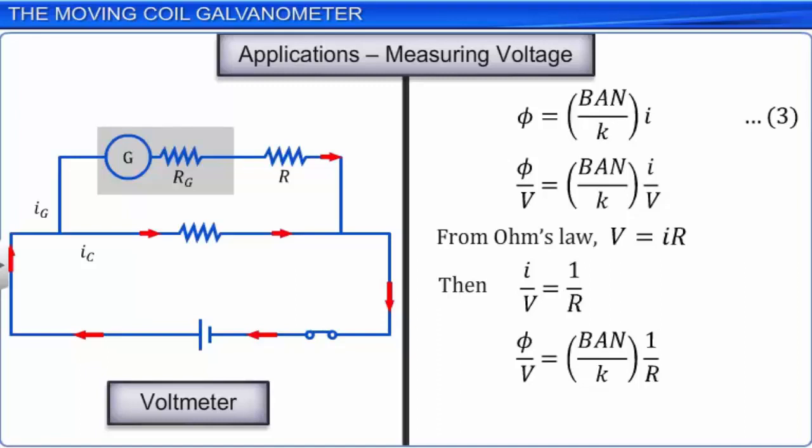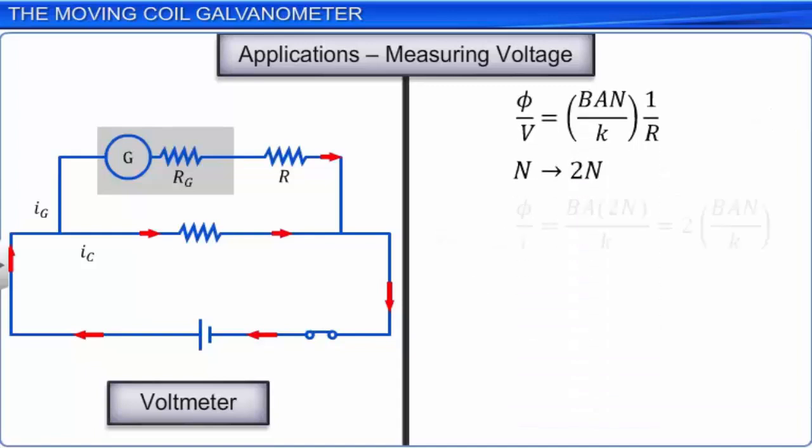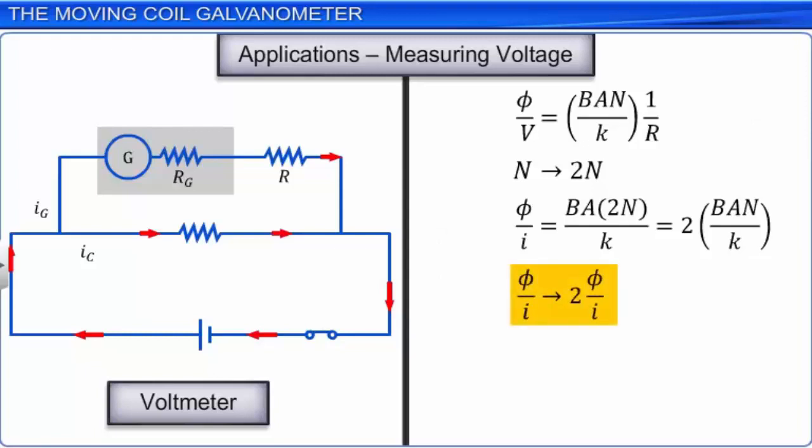In the case of the conversion of a galvanometer into a voltmeter, an increase in the current sensitivity, which is the ratio of phi to I, does not increase the voltage sensitivity. Let us look at this in detail. Suppose the number of turns in the coil of a galvanometer is doubled, that is, N becomes 2N. By substituting 2N in place of N and on simplification, we get the new value of phi by I as 2 phi by I. That is, the current sensitivity is doubled.